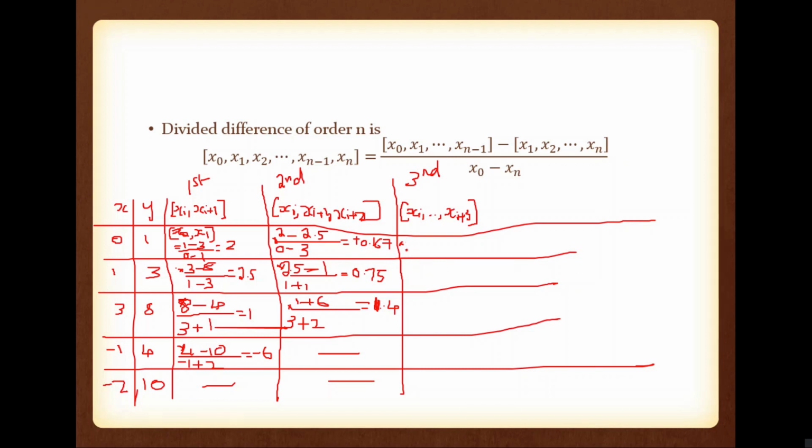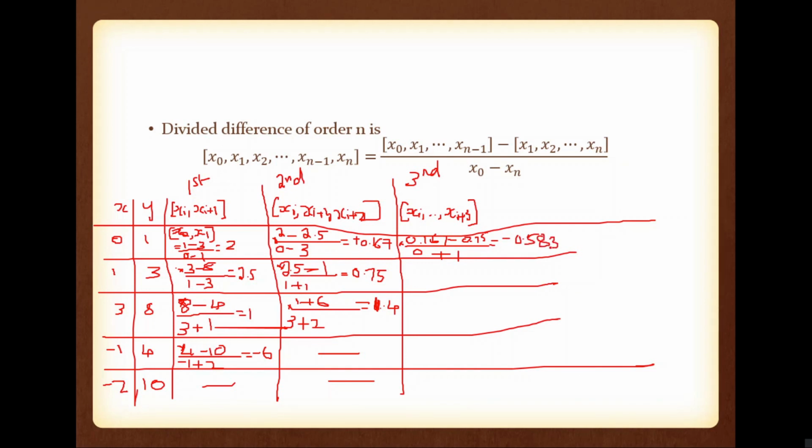So the numerator is 0.167 minus 0.75, divided by, denominator point of view, 0 is the current x element. Then we are finding the third order divided difference, so we have to find the third next element. The third next element of 0 is minus 1. So minus minus plus 1. So the difference between these two is minus 0.583.